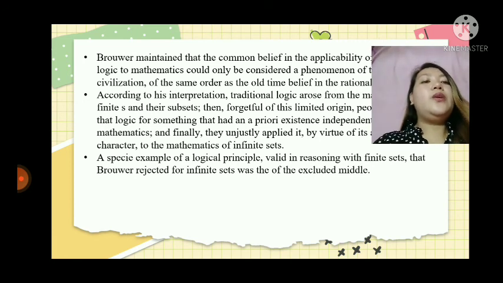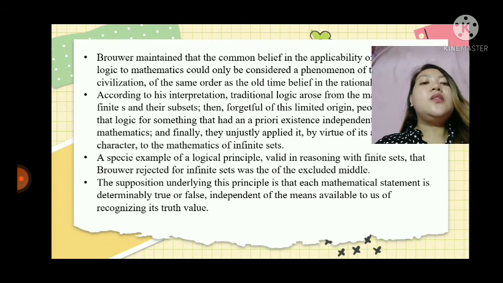A specific example of a logical principle valid in reasoning with finite sets that Brouwer rejected for infinite sets was the law of the excluded middle. The supposition underlying this principle is that each mathematical statement is determinately true or false, independent of the means available to us of recognizing its truth value.